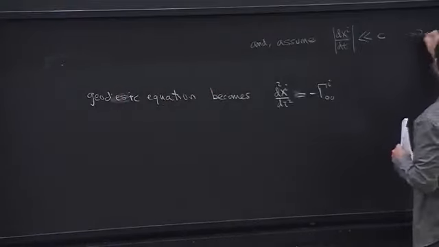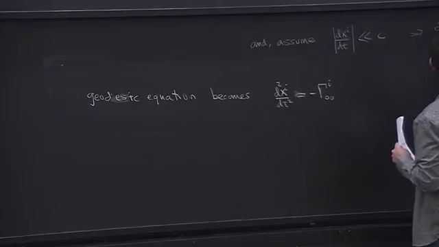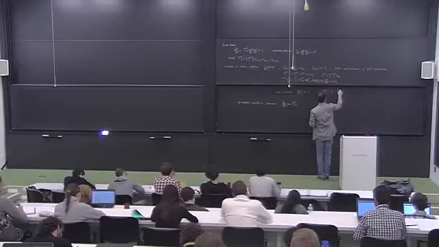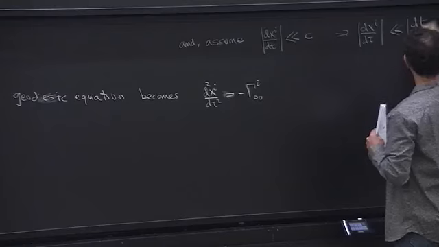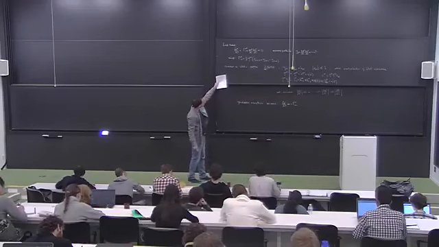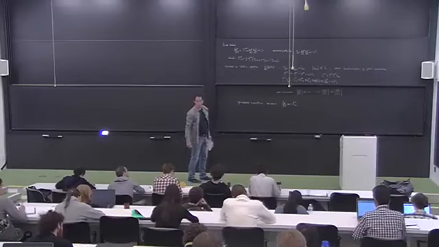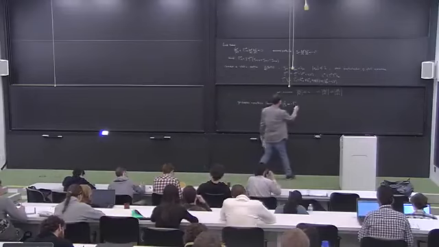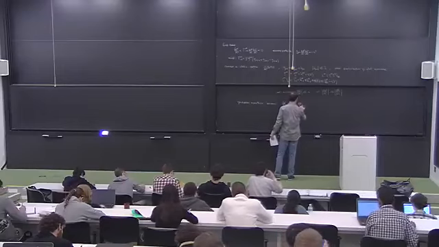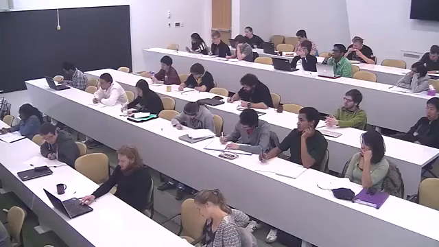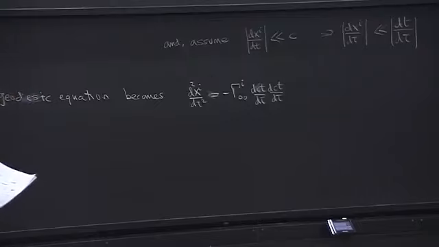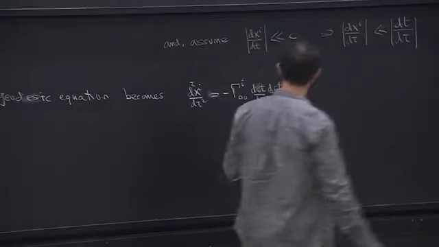This of course implies that dxi d tau is much less than dt d tau. So when I look at the geodesic equation where I have the dxi d tau terms, I can just drop those compared to the dct d tau terms. These are the biggest terms in the equation.